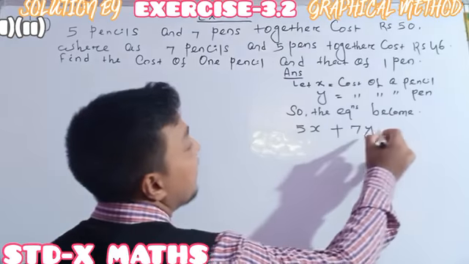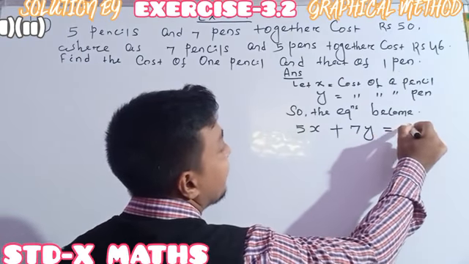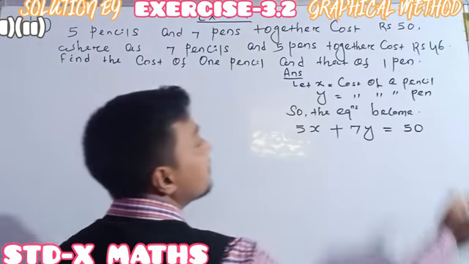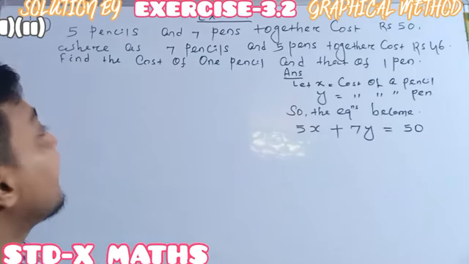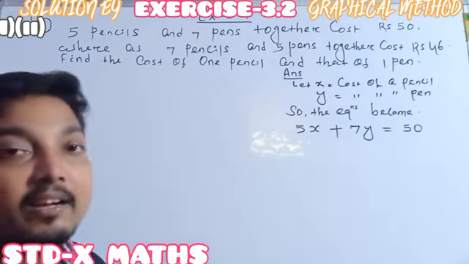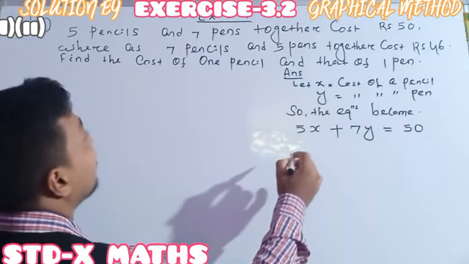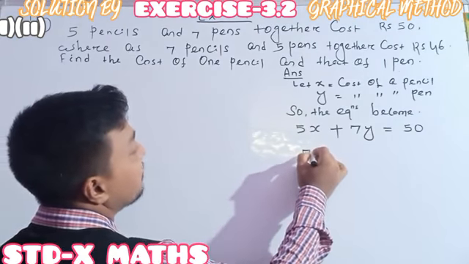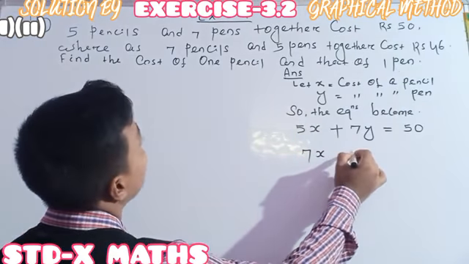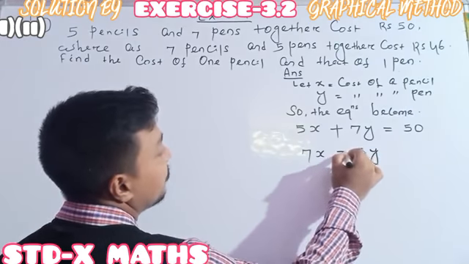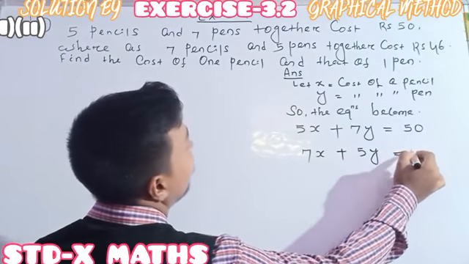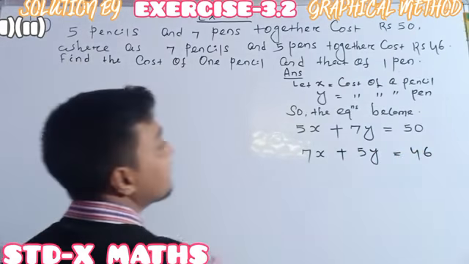So 5x plus 7y equals 50. In the same way, the second sentence can be converted into a linear equation: 7 pencils means 7x, 5 pens means 5 into 1 pen cost, y. So the total is rupees 46.